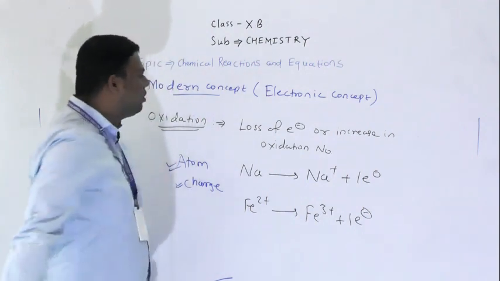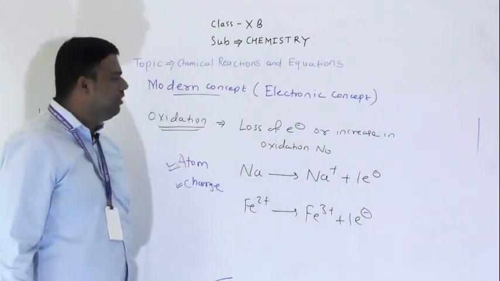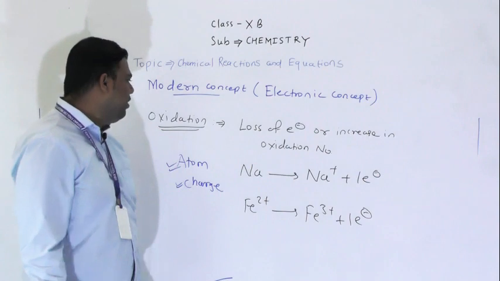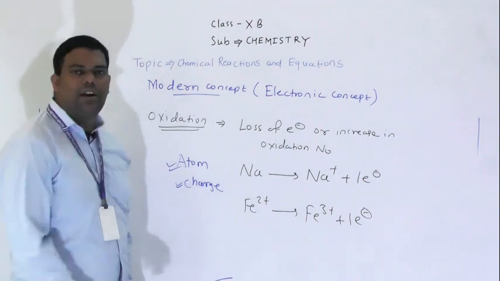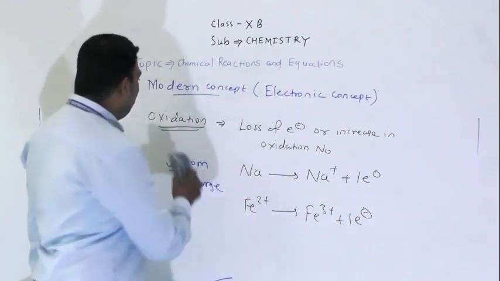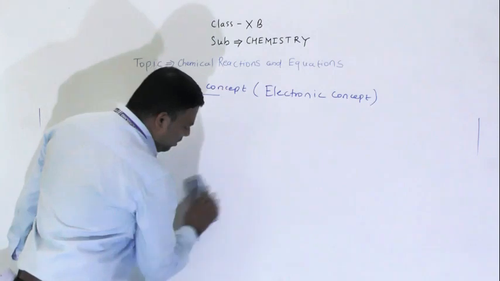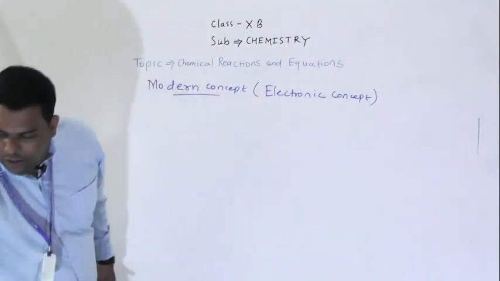Understood this? Oxidation is very much easy, but you have to concentrate more on this part. Now we will see the modern concept regarding your reduction. Now see here, reduction.